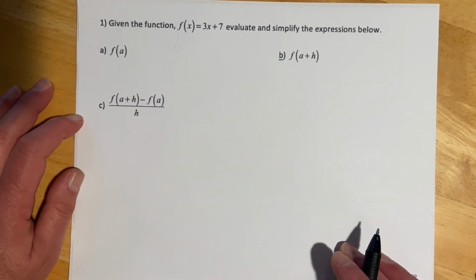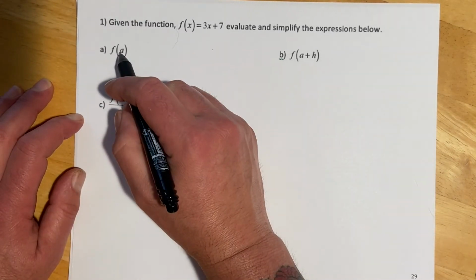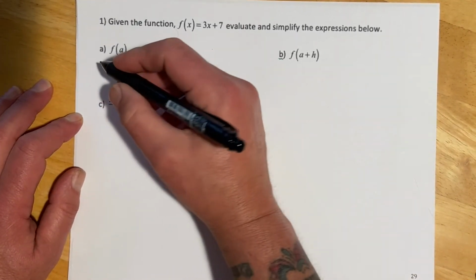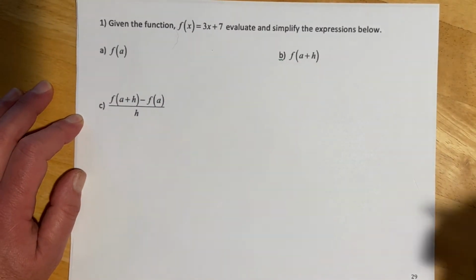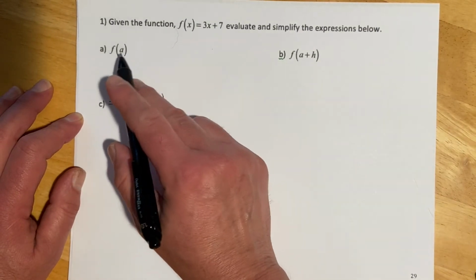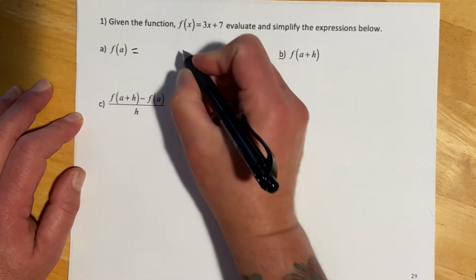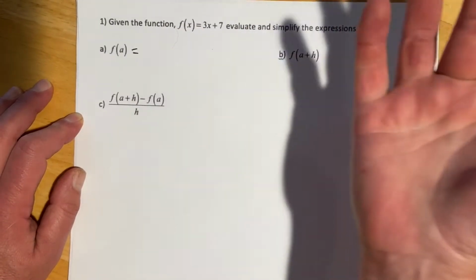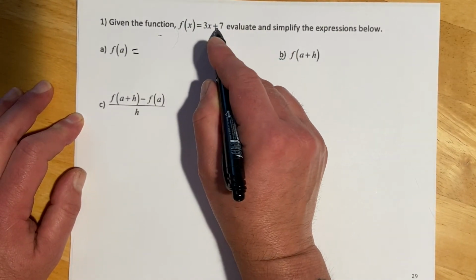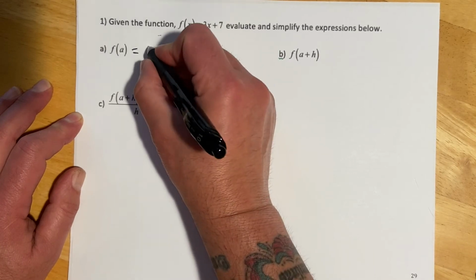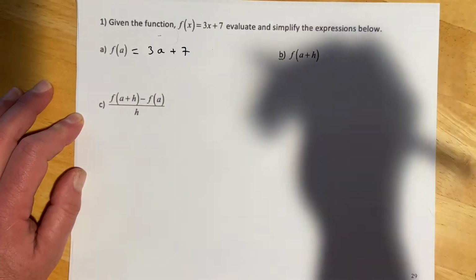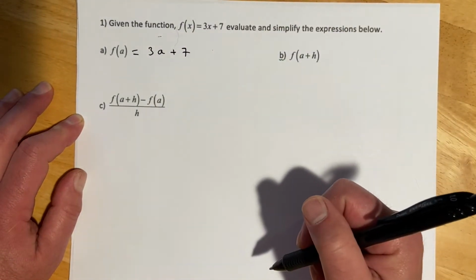Okay, so this first example, they are using a instead of x. It's leading to the exact same place. In my notes, I have f of x plus h; they're just going to do a plus h, same thing. What they're doing is showing that we can do a variable change. If my function is f of x equals 3x plus 7, finding f of a literally just means changing that x to an a, some value a instead of the general x.